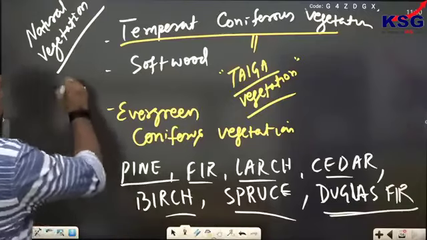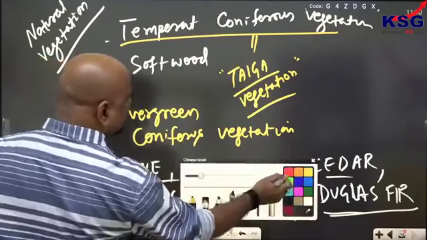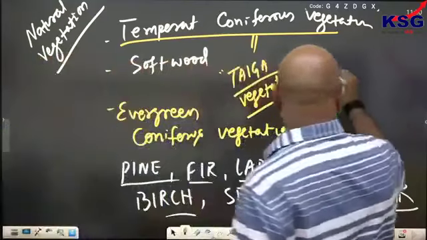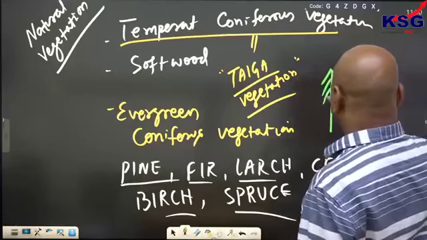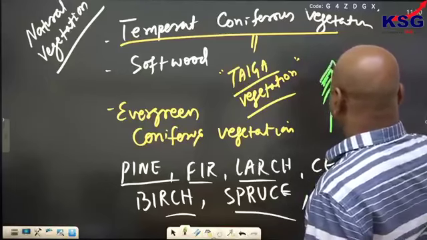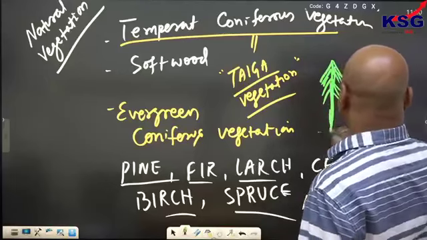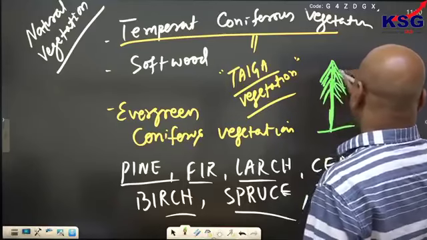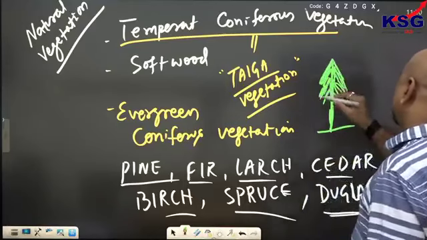What does coniferous mean? These trees have this kind of shape, because they are adjusted to the snowfall in that region.